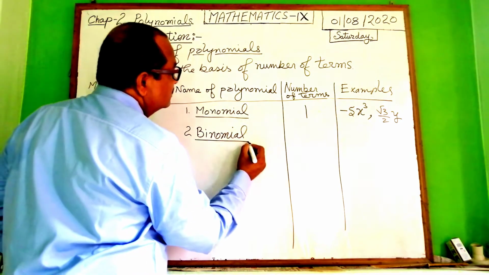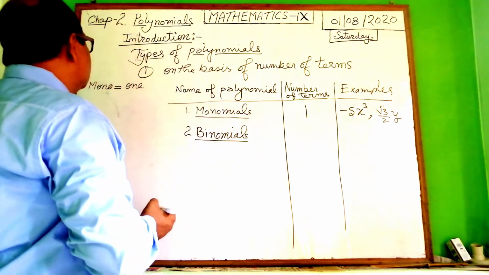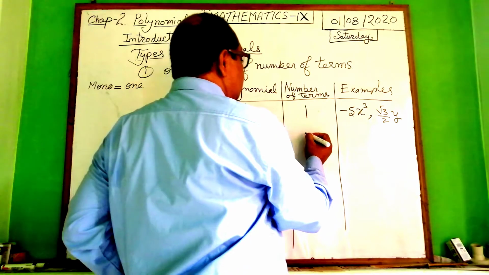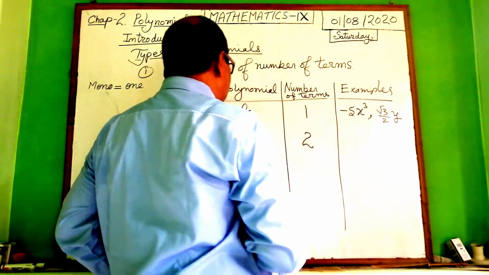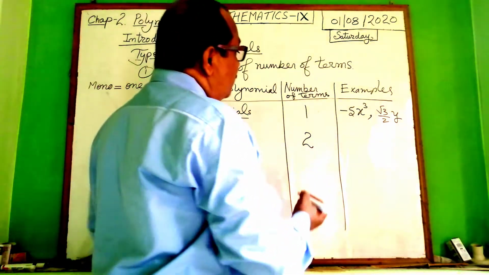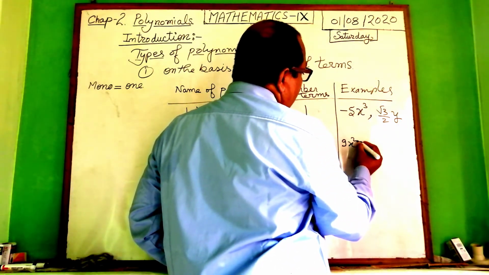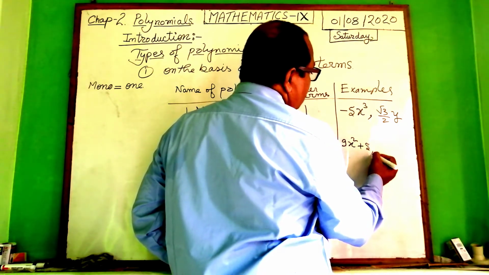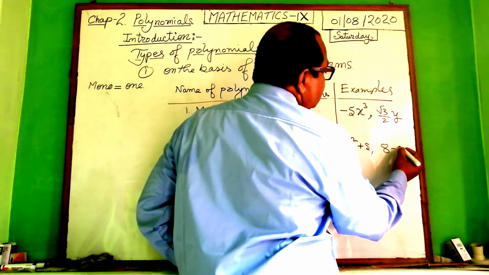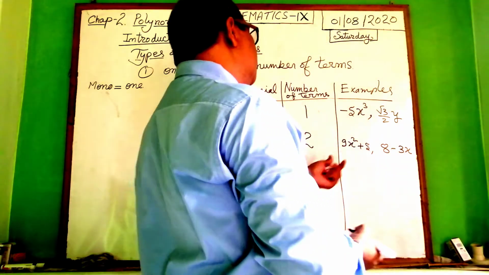Now see about the second one, binomial. If a polynomial has two terms, it is called a binomial. For example, you can see 9x square plus 5, 8 minus 3x, etc. How many terms are there?